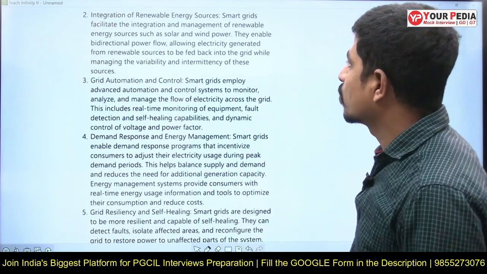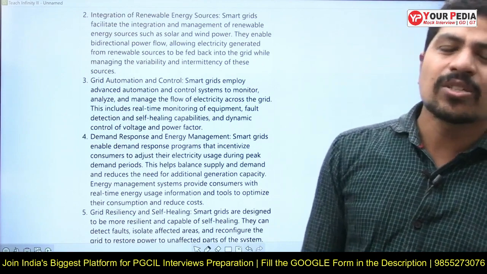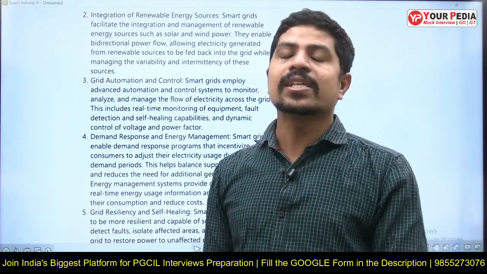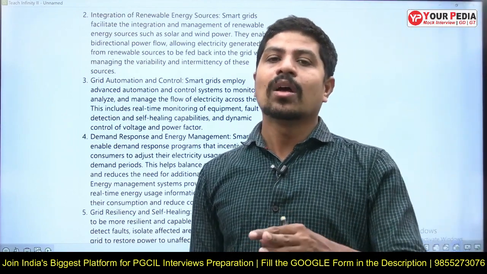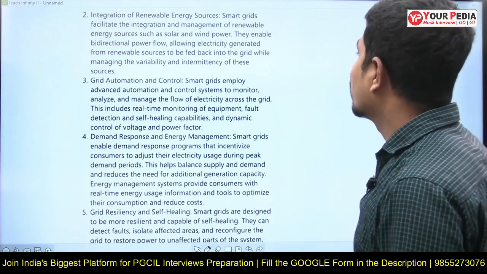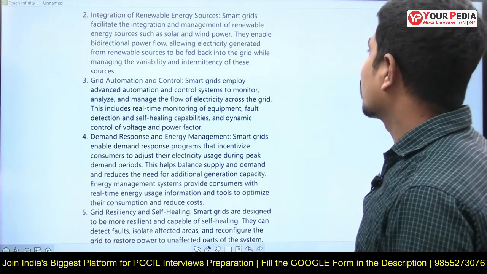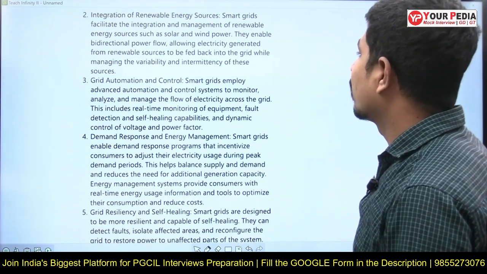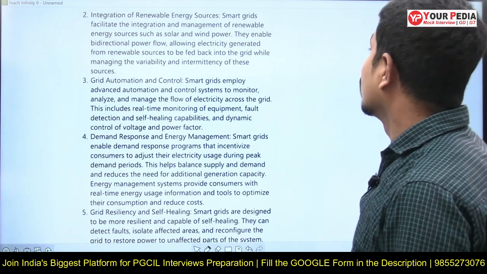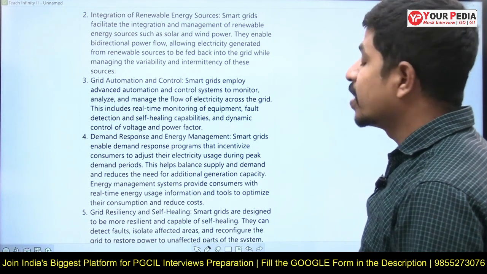Integration of renewable energy sources. This integration is easier with a smart grid than with the conventional grid. Smart grids facilitate the integration and management of renewable energy sources such as solar and wind power. They enable bidirectional power flow, allowing the electricity generated from renewable sources to be fed back into the grid while managing the variability and intermittency of these sources.